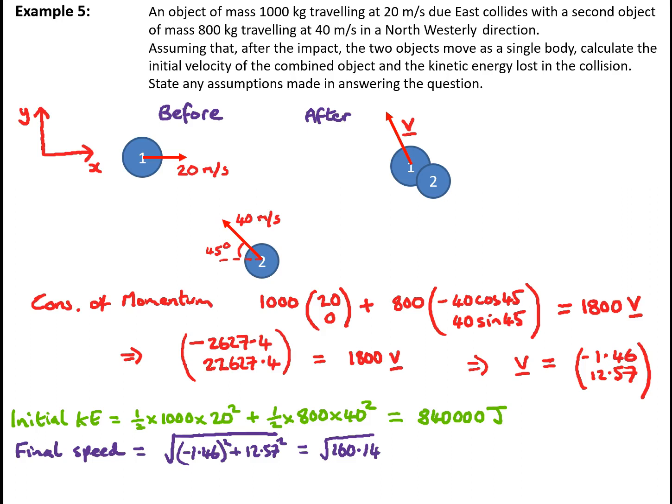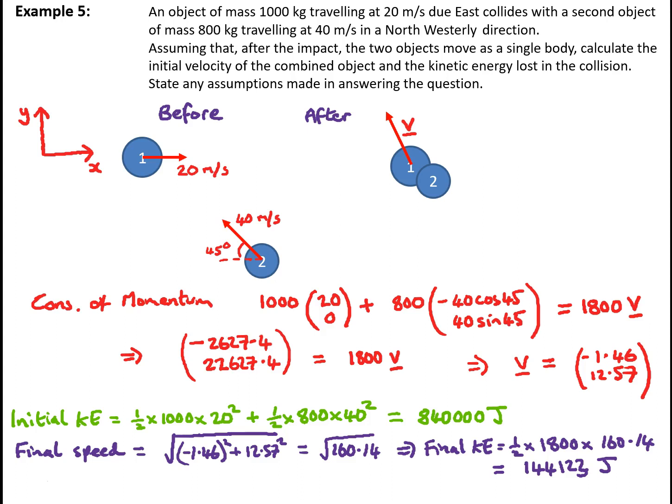So the final kinetic energy of the particles is going to be 1/2 times the total mass, which is 1800, times the speed squared, which is 160.14. So the final kinetic energy that we've got is 144,123 joules.